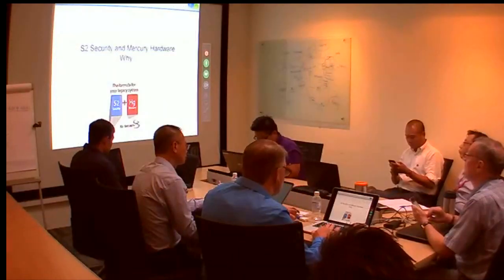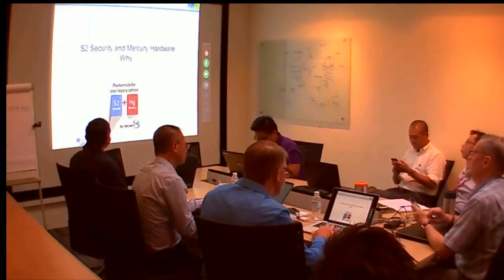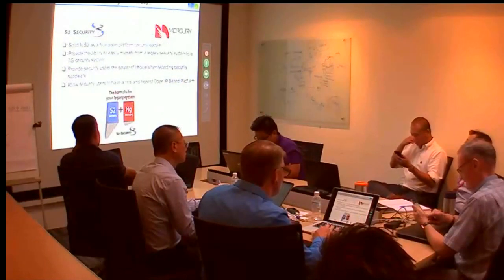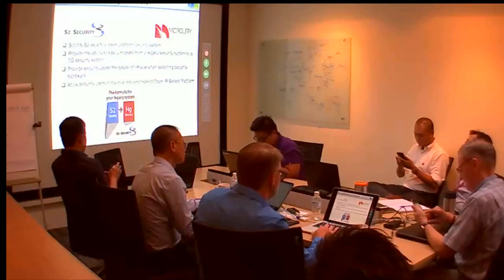So the first thing with Mercury is, I think when we did the Mercury integration in 2010, it really solidified S2 as an open platform, much more than other manufacturers that are out there, because we sell multiple lines of security hardware, and we integrate with many more lines of security hardware.